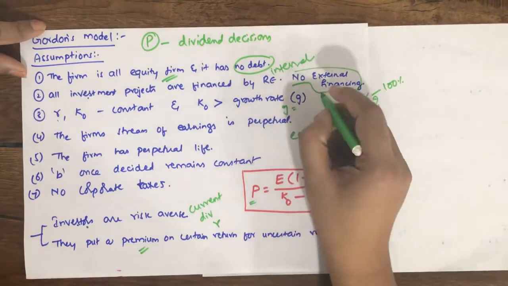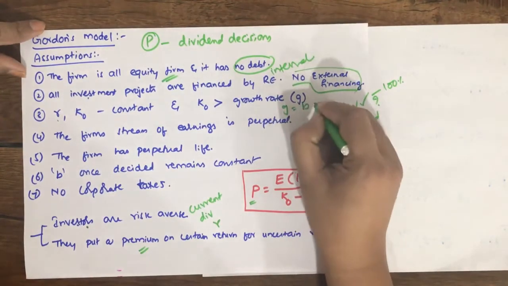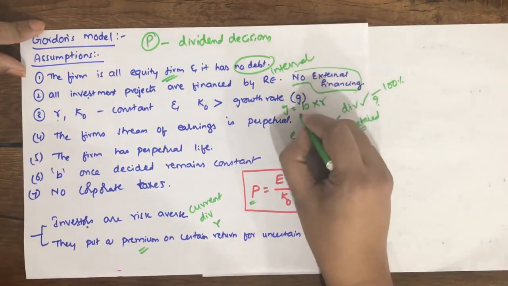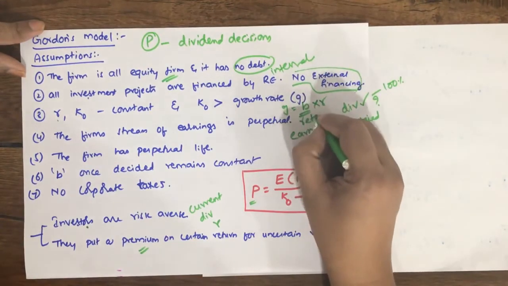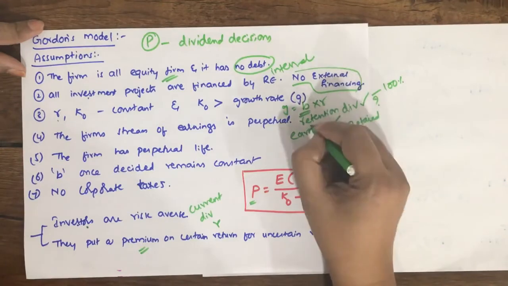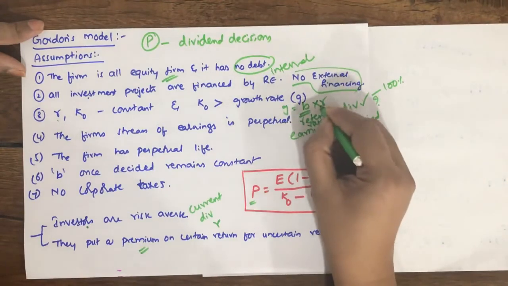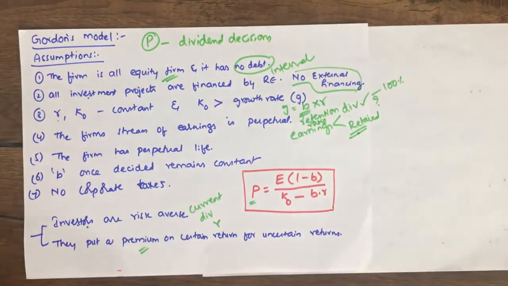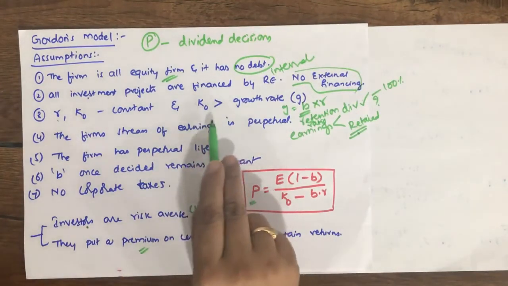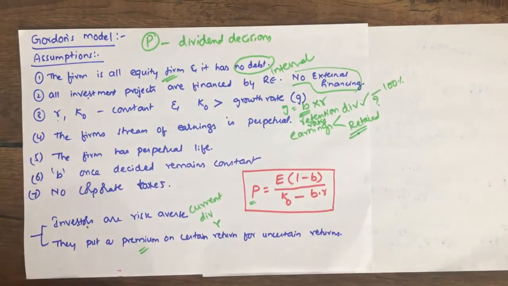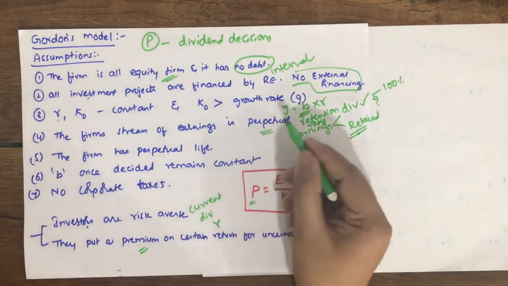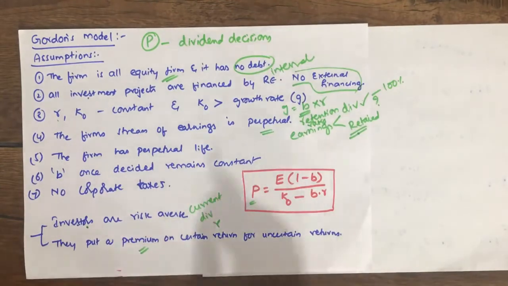Growth rate is the product of B and R, where B stands for retention ratio or plowback ratio, multiplied by return on investment. K0 is always greater than the growth rate. The firm's stream of earnings is perpetual, for an infinite period, and the firm has infinite life.